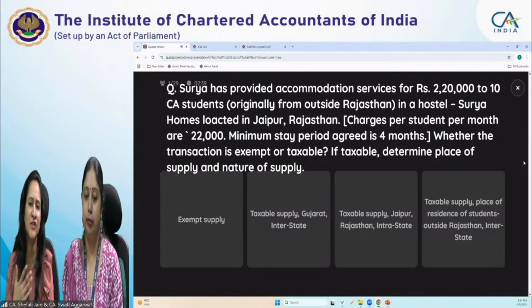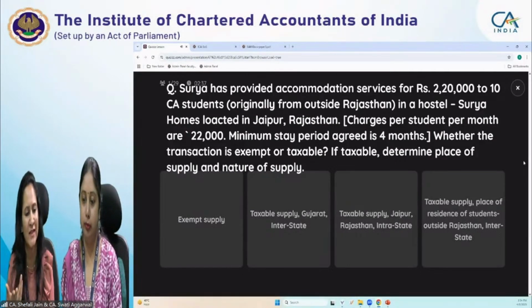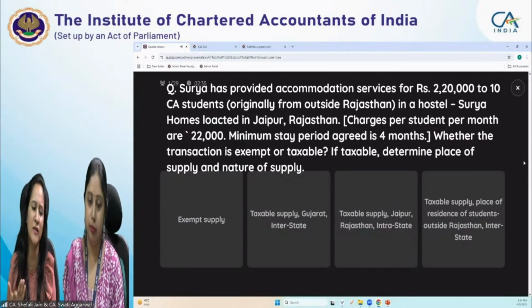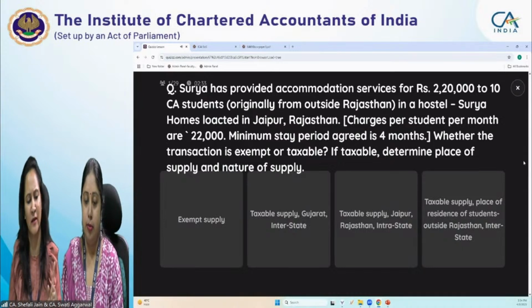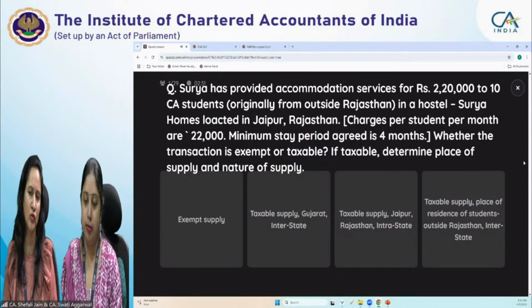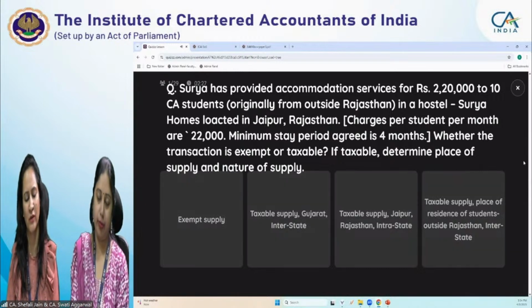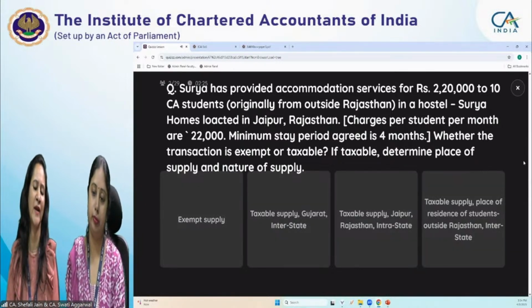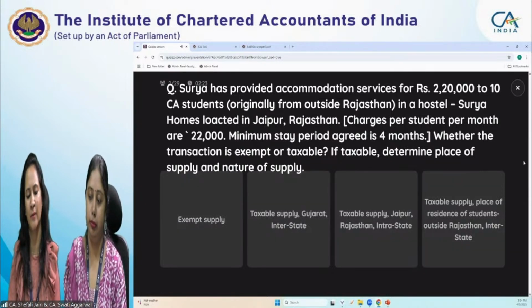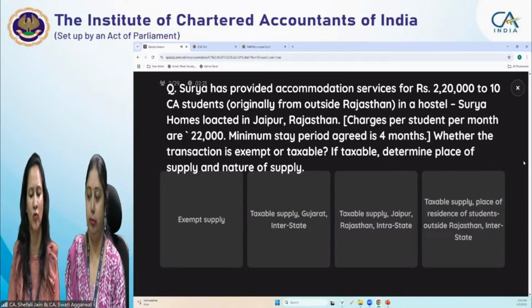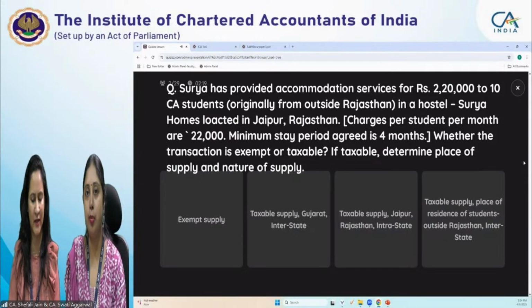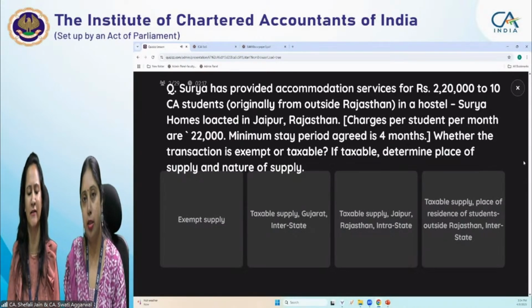Whether the transaction is exempt or taxable, and if taxable, then what is the place of supply and the nature of supply. A, an exempt supply. B, taxable, Gujarat is the place of supply, interstate. C, taxable supply, Jaipur is the place of supply, Rajasthan, and intrastate. D, taxable supply, place of residence of students outside Rajasthan is the place of supply, and the nature is interstate.